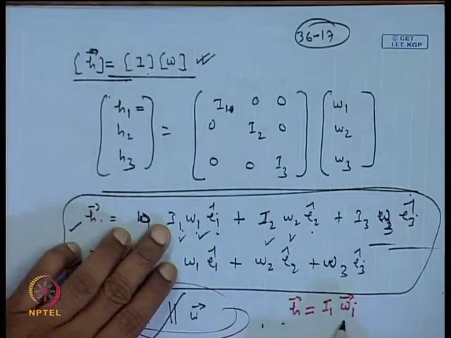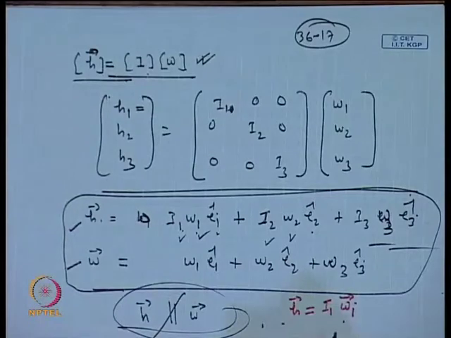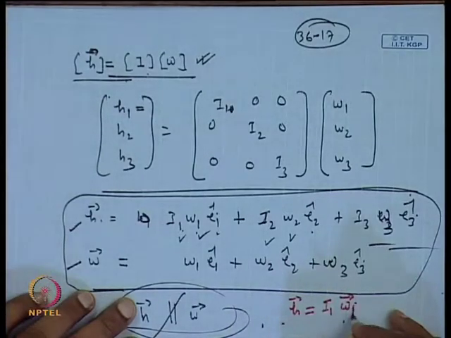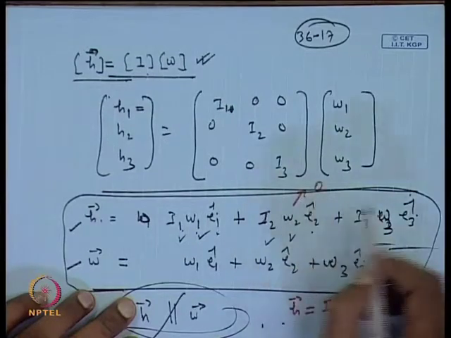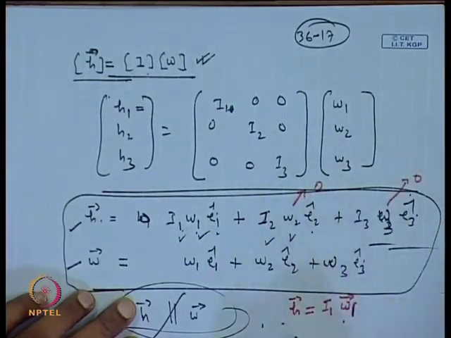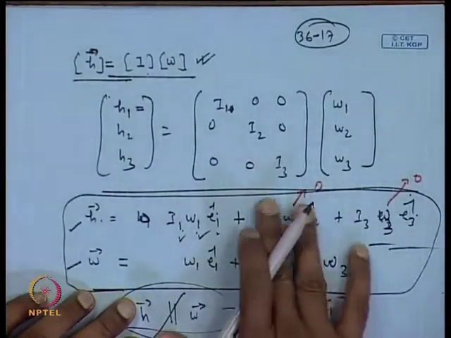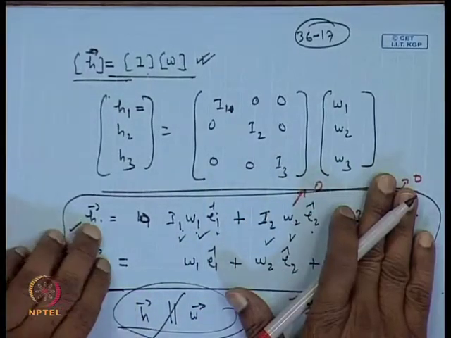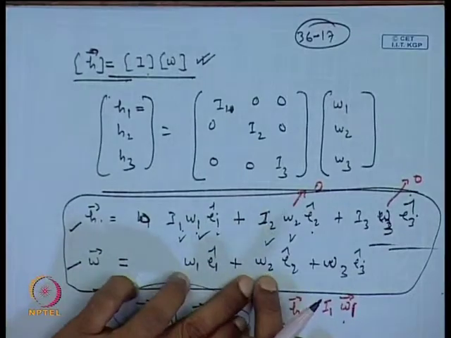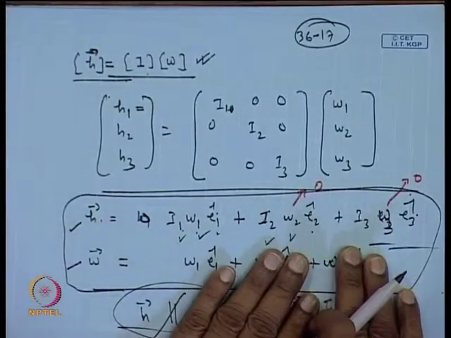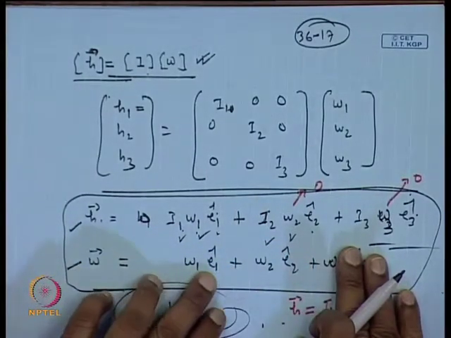So, what does it imply? If I can make omega 2 0 and omega 3 0, these two terms will vanish. What you get here is I 1 times omega 1 E 1. Similarly, omega equal to omega 1 times E 1.